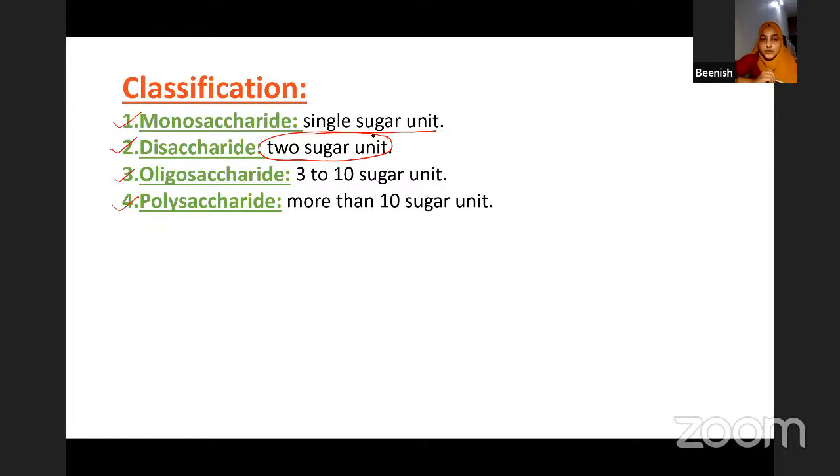Two sugar units joined together via a glycosidic bond form disaccharides. Now, oligosaccharides have 3 to 10 sugar units. And polysaccharides are those carbohydrates that have more than 10 sugar units. They form your polysaccharides.